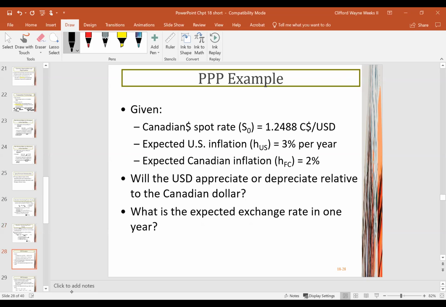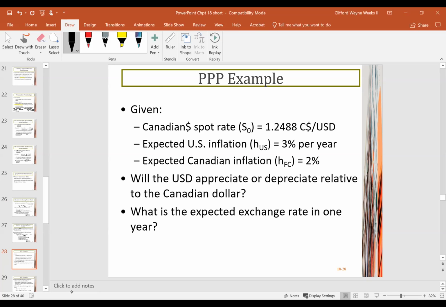And so here's a given example. We have a Canadian spot rate of $1.24 Canadian to the US dollar. The expected rate of inflation in the US is 3%. The expected Canadian inflation is 2%. Will the US dollar appreciate or depreciate relative to the Canadian dollar? What do you think?